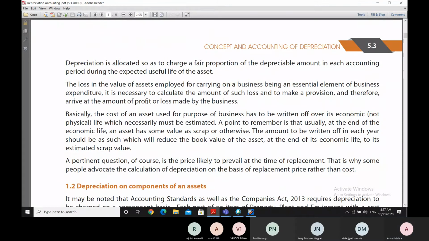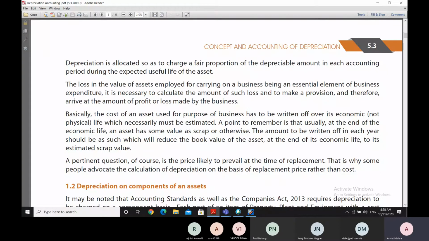Now, as the assets lose in value, the loss in the value of the assets which are employed for carrying on a business is an essential element of the business expenditure, because as the business is happening, apart from the expenditure, the value of the assets which is lost is also a part of the business expenditure.